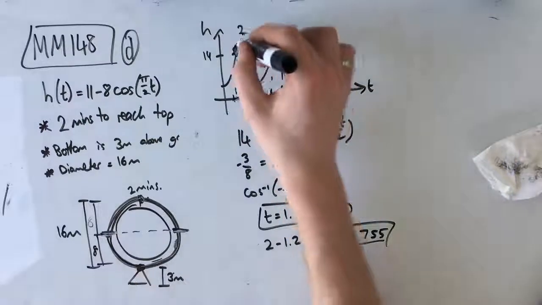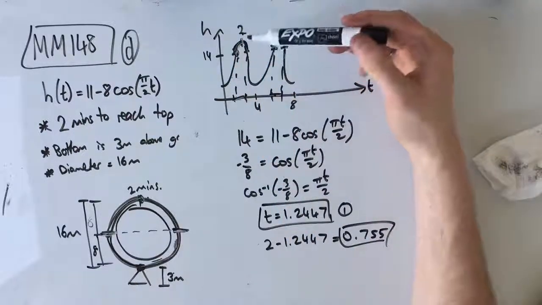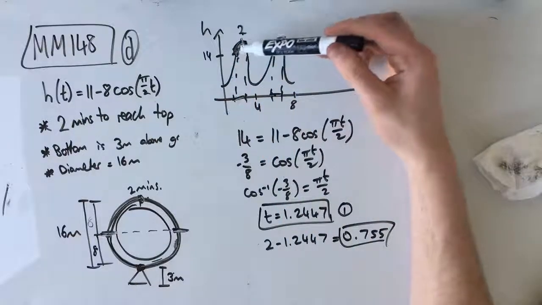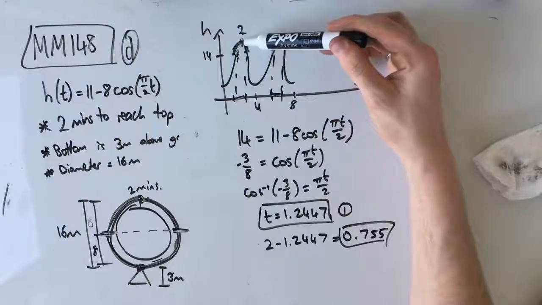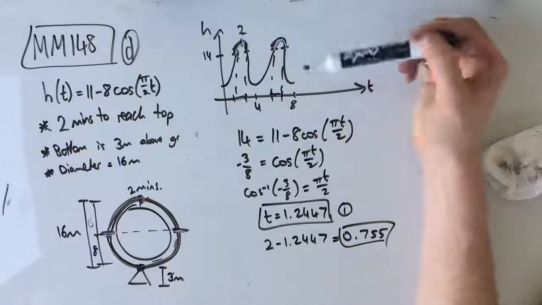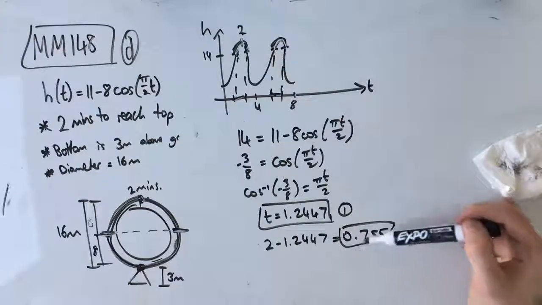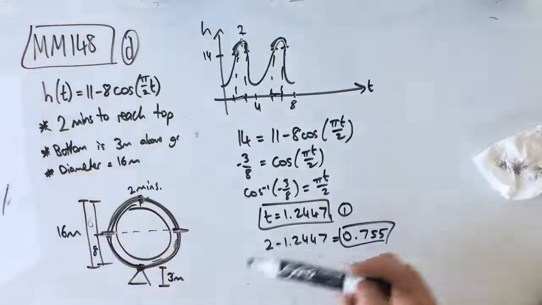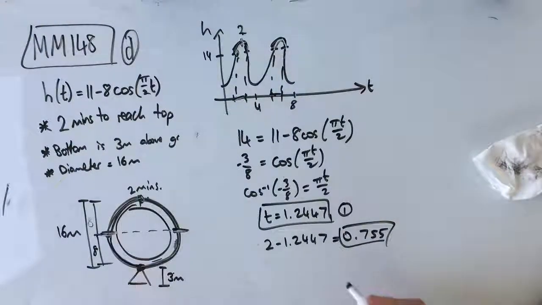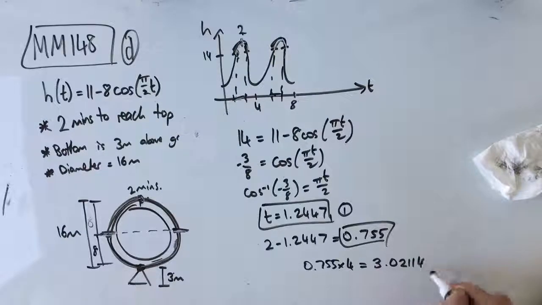So from here to here is 0.755, and they're above 14 meters for this, this, this, and this, which means it's 4 times 0.755 is the total amount of time, which means that we get 0.755 times 4, which equals 3.02114 minutes.